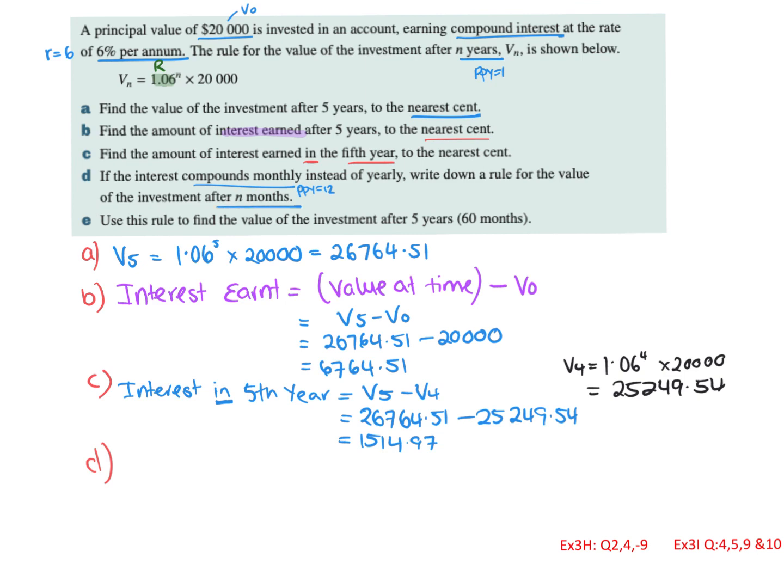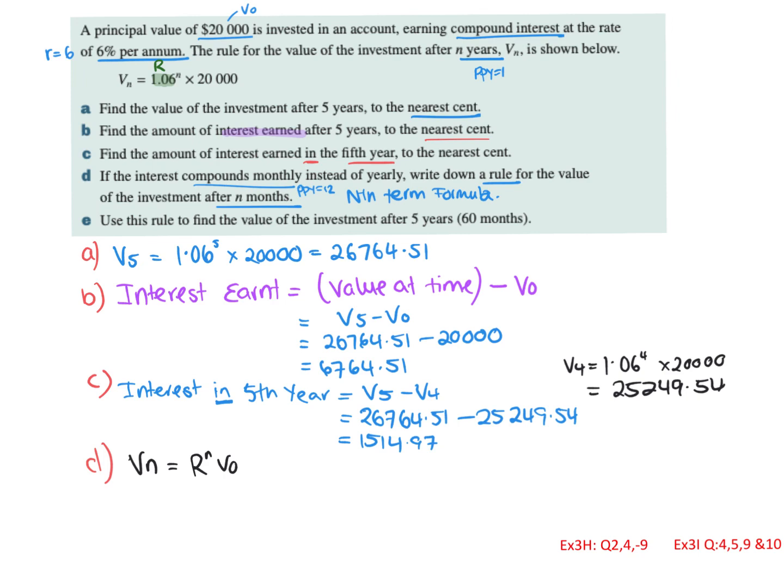When they say write down the rule, just a rule after n months, they want the nth term formula. So we write the basic rule for nth term. The nth term for compound interest is r to the power of n times V0.